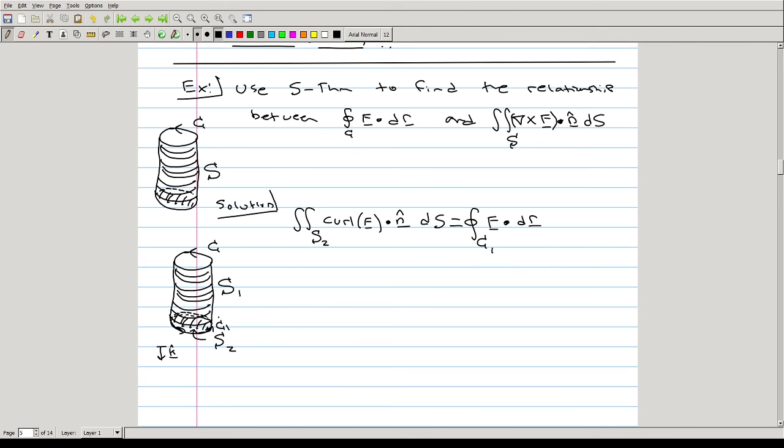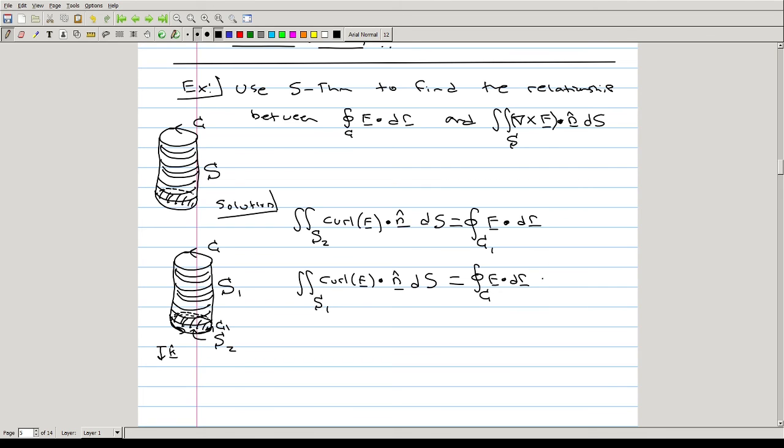And now this one is where it becomes a little bit more tricky. This surface integral around S1 of this side cylinder of the curl of F dotted with n hat, we have that it's going to be guaranteed to be equal to first the circulation around C, where C is closed, but we also have another bounding curve.